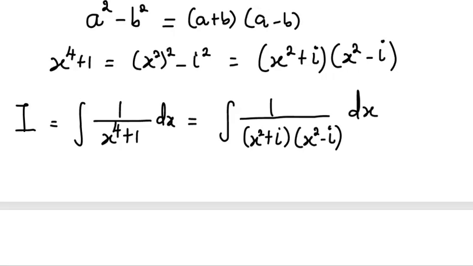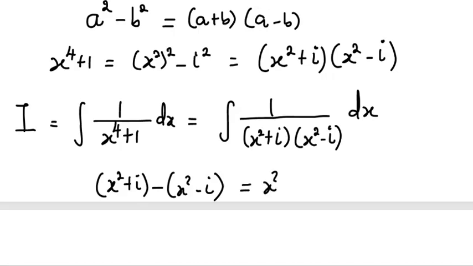Now take note of the following. Remember, at the numerator we have just 1. Think about this. When we take x squared plus i minus x squared minus i, what is this going to give us? Clearly you can see that this is going to give us 2i.